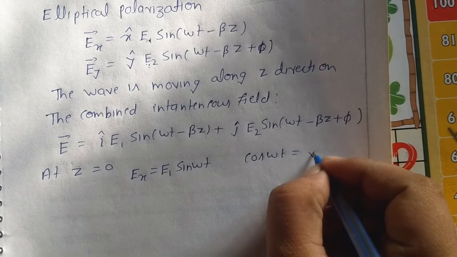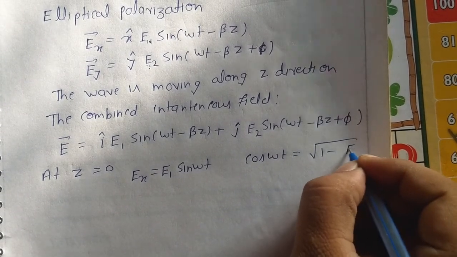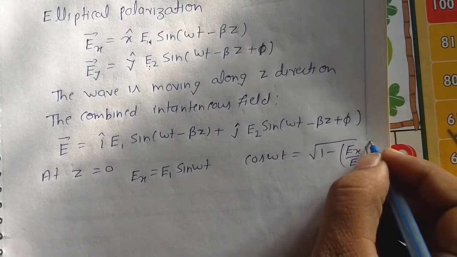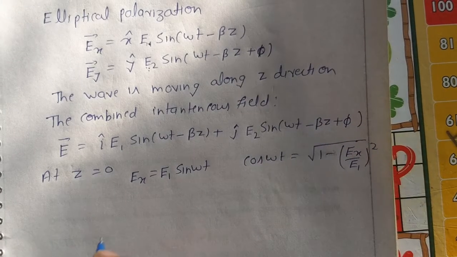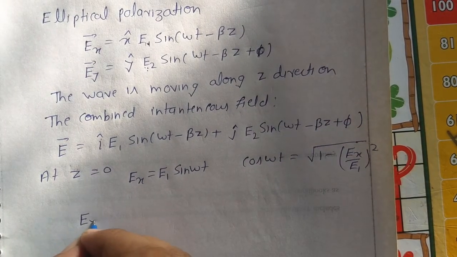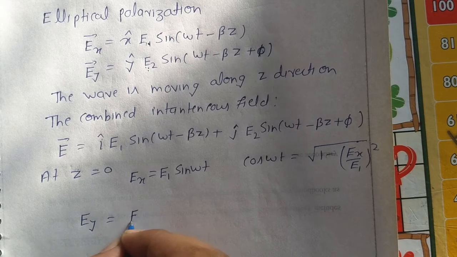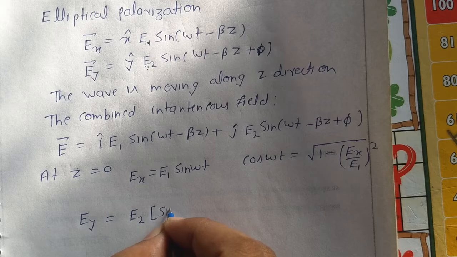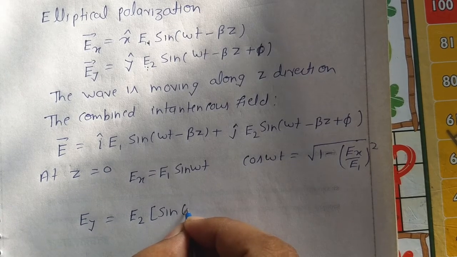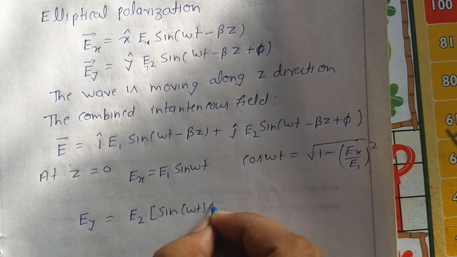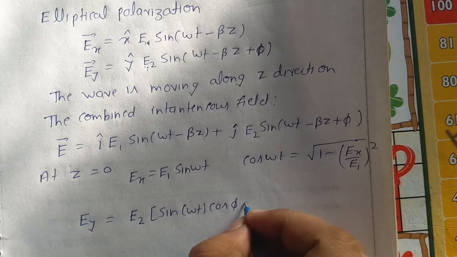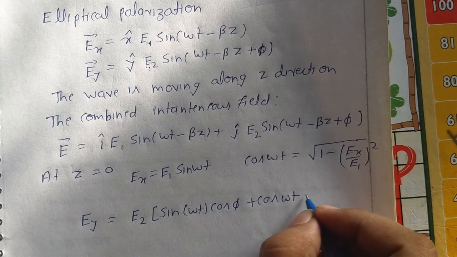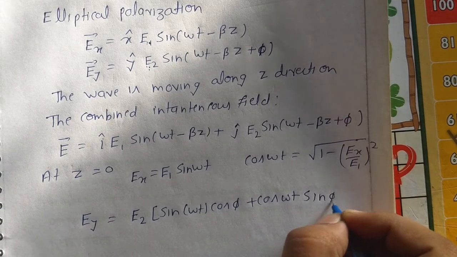Cos omega t will be equal to under root 1 minus Ex divided by E1 whole square. Ey equal to E2 sine omega t cos phi plus cos omega t sine phi.